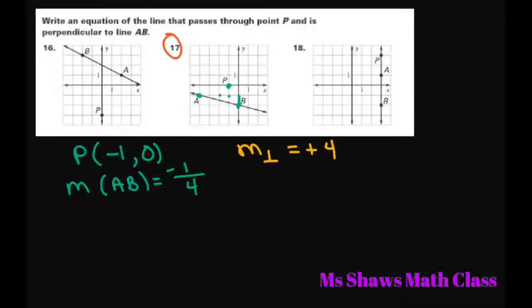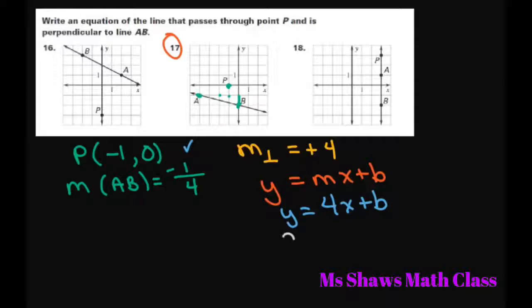Now all you have to do is write your y equals mx plus b. Substitute in your slope. So your slope is 4. And now substitute your new point. So my y is 0, and my x is -1.